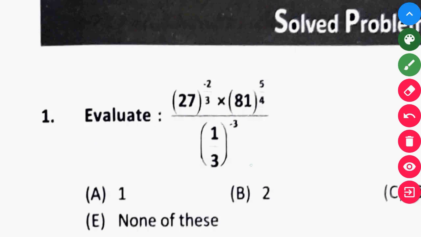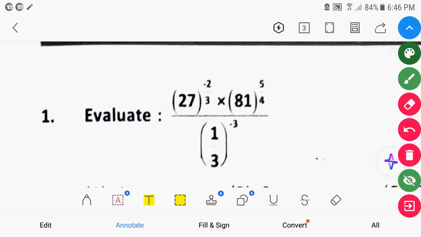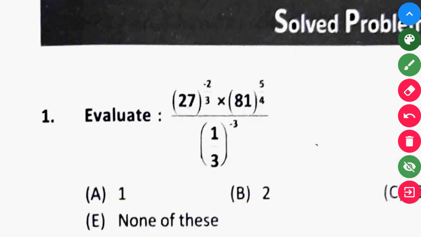Now see, evaluate this whole equation. So what is given? 27 raised to minus 2 by 3 into 81 raised to 5 by 4 and 1 by 3 divided by 1 by 3 raised to minus 3. Now see, whose cube is 27.